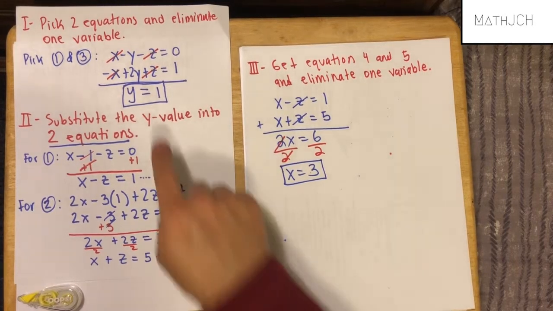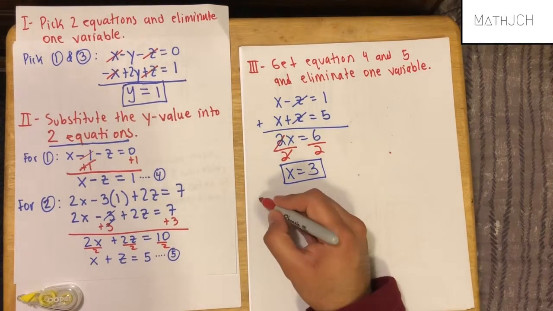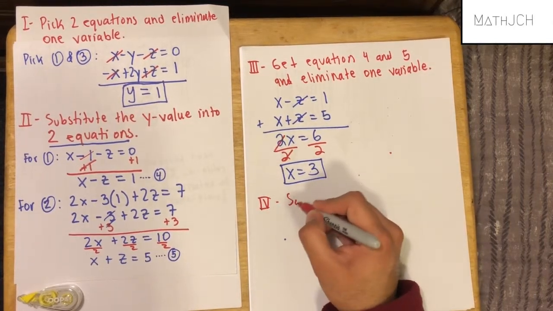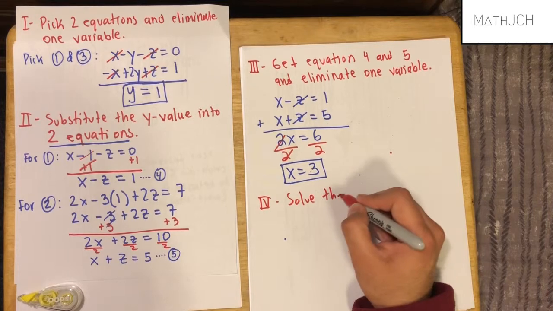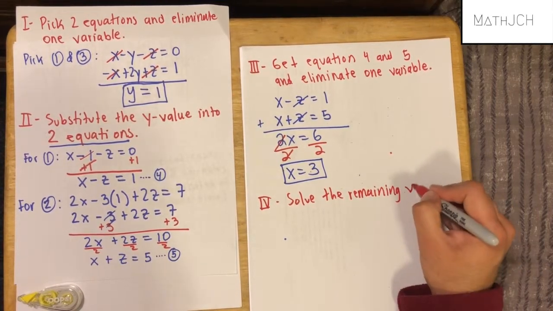Now we have solved for y, we have solved for x. Step 4 is to solve for the remaining variable or letter.